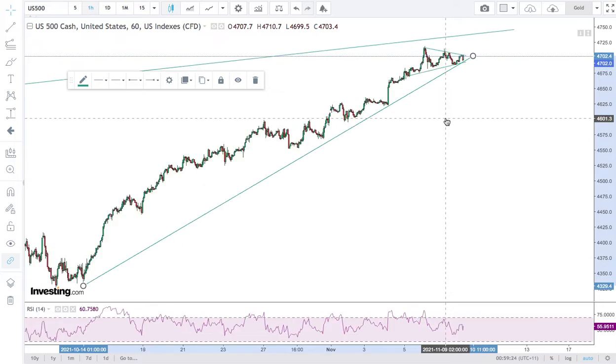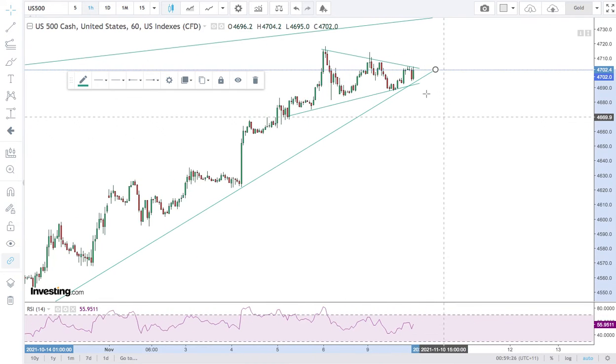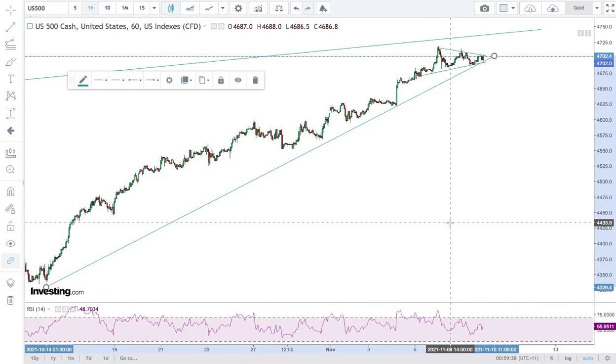If it breaks this line, then we could well be off to the races. But if it breaks down, then obviously we'll be breaking down, to state the obvious.